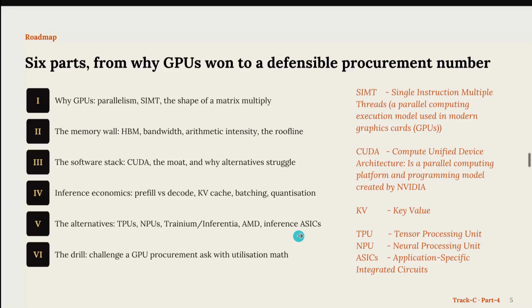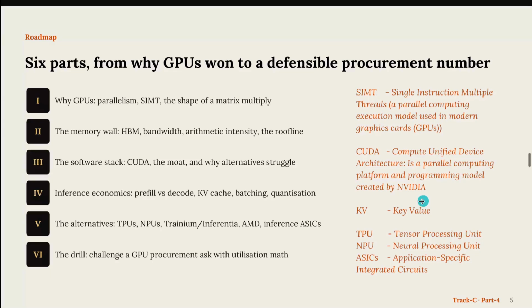SIMT stands for single instruction multiple threads. It is a parallel computing execution model used in modern graphics cards, typically like GPUs. So multiple instructions are batched together as threads, and they are sent to GPUs to execute. CUDA is the Compute Unified Device Architecture built by NVIDIA.